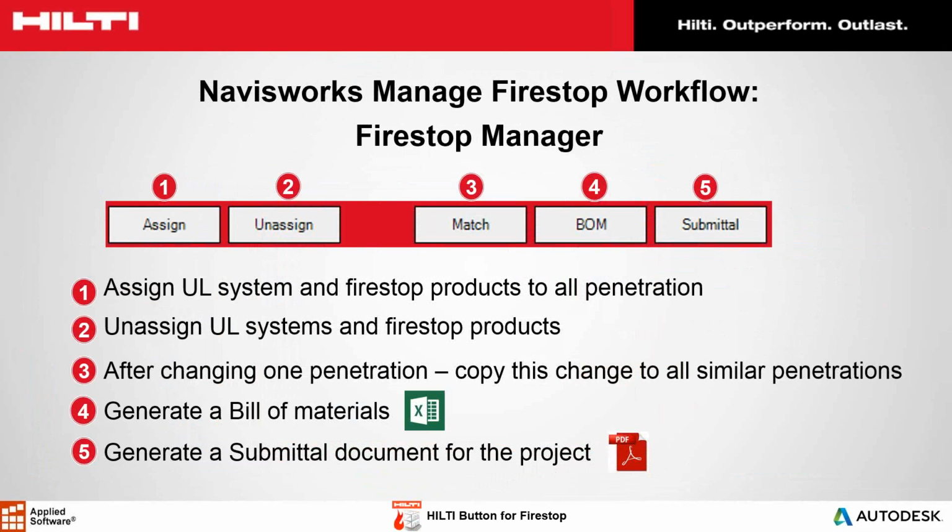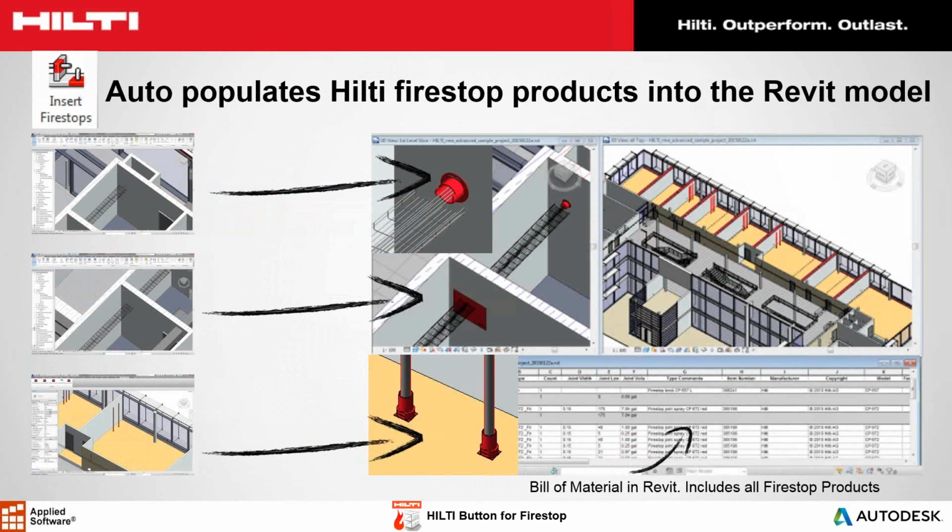And number 5, last but not least, is generating a full document for the project, which you can turn over to the fire marshal for documentation, so you can get the certificate of occupancy. So the last step in the process, which is step number 5, is going back to the BIM authoring tool.